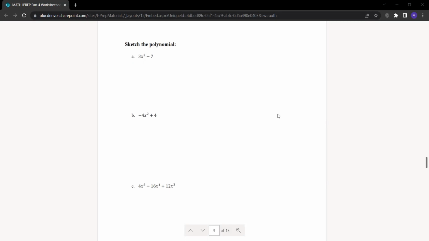So first we'll sketch B. So here we have -4x squared plus 4. If you remember, this means we have one vertex. If you remember our end behavior for this, both sides will go down.